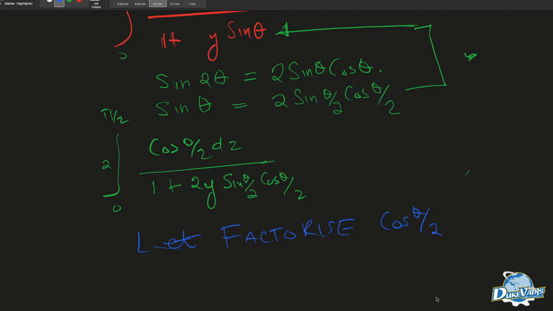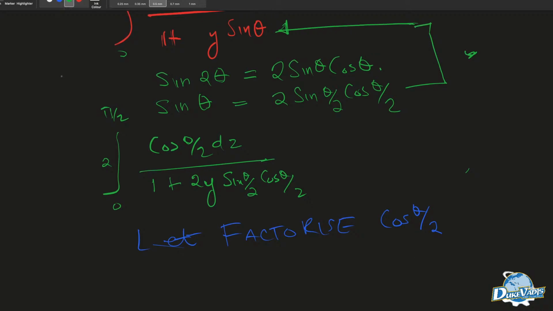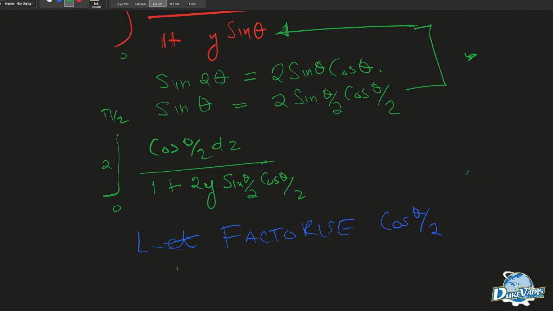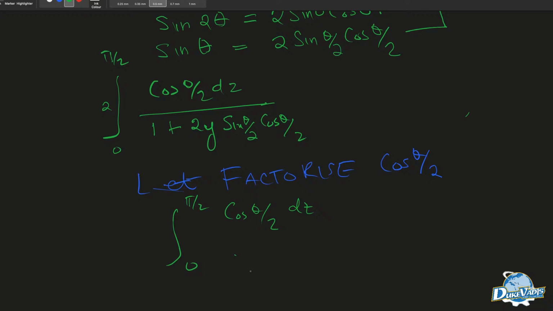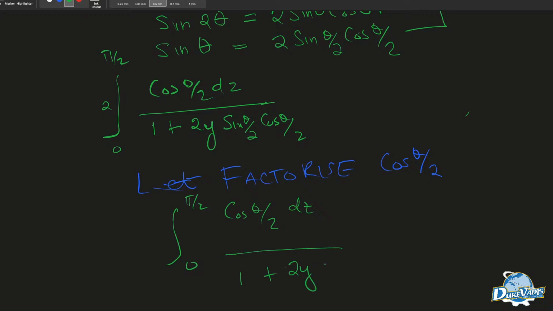So the integral from 0 to pi on 2 of cos theta over 2 dz, all over 1 plus y sine theta over 2 cos theta over 2. So we are going to divide here, and all this one, by cos theta over 2.